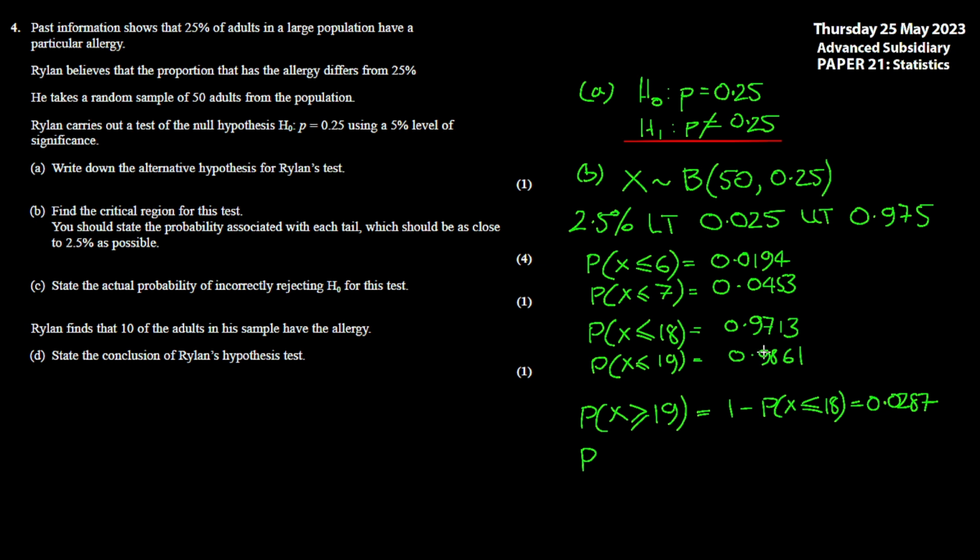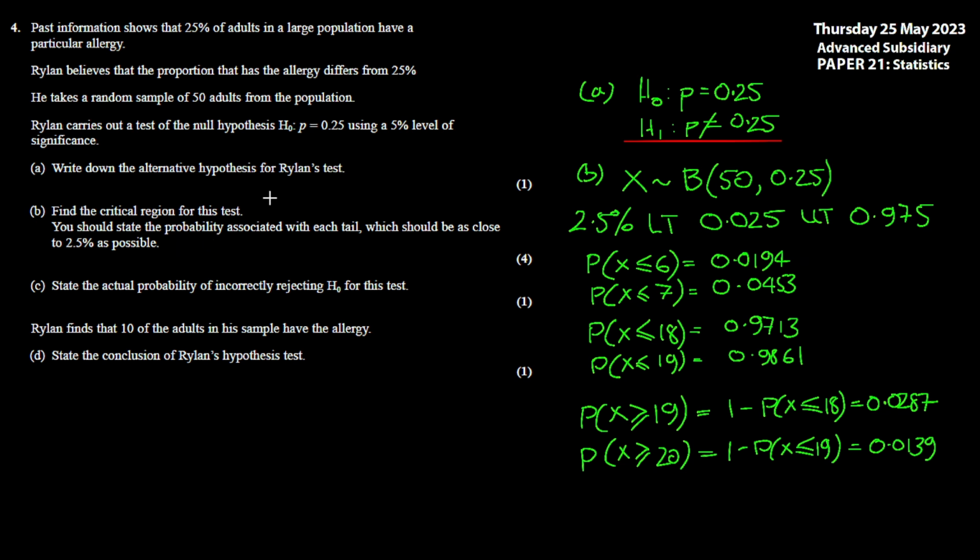Similarly, the probability of x being greater than or equal to 20 is equal to 1 minus the probability of x being less than or equal to 19. And again, if you work that out, we get 0.0139.